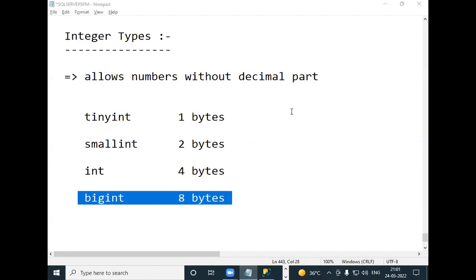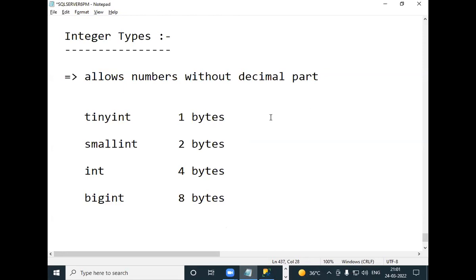Now, when do we use tinyint, smallint, int, or bigint? It depends on the value, the range. If the value is between 0 to 255, use tinyint.